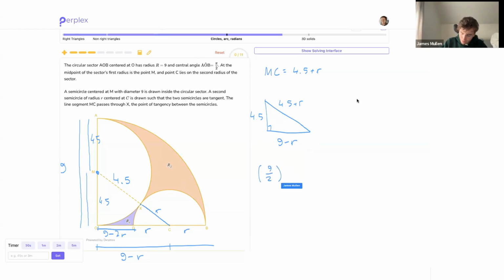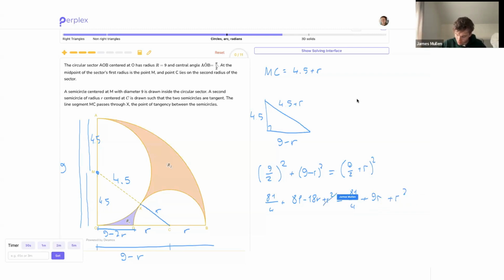So (9 over 2) squared plus (9 minus R) squared is equal to (9 over 2 plus R) squared. Let's expand everything. This is 81 over 4 plus 81 minus 18R plus R squared is equal to 81 over 4 plus 9R plus R squared.